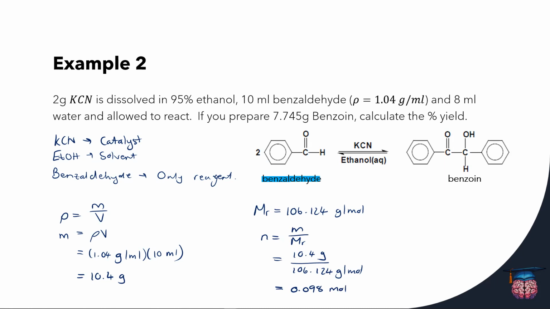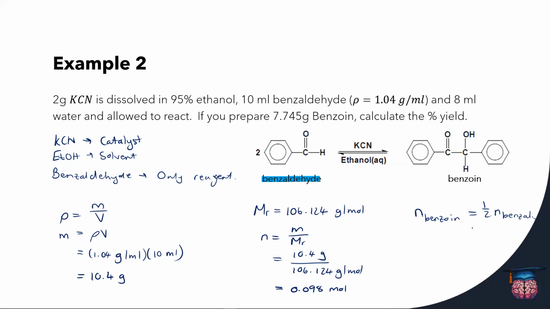The next step is to now go and determine how many moles of the benzoin we have. Well, if we take the balanced equation, we see that 2 benzaldehyde give us 1 benzoin. Therefore, the N of the benzoin is equal to half the N of the benzaldehyde.